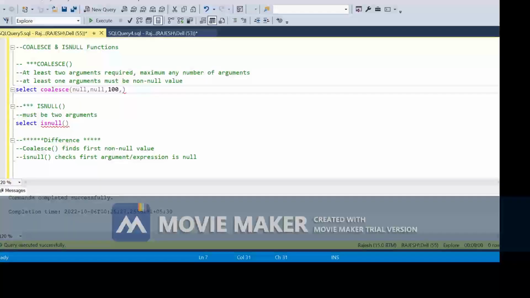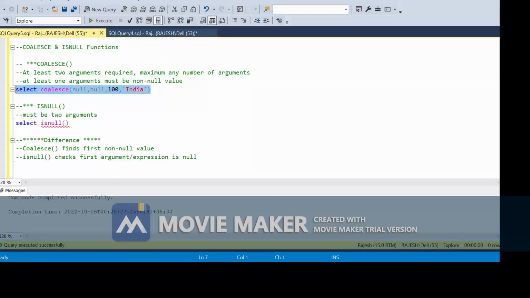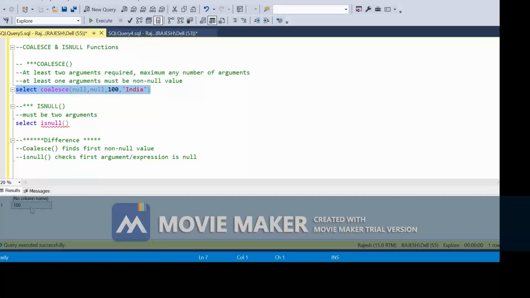Then we will put a string value, India. Let's try to run this query and see what it returns. It is returning 100.